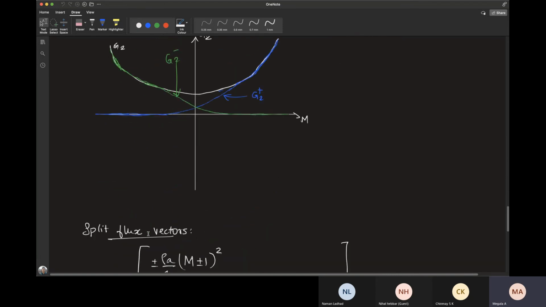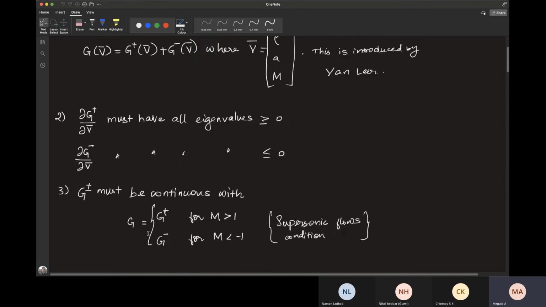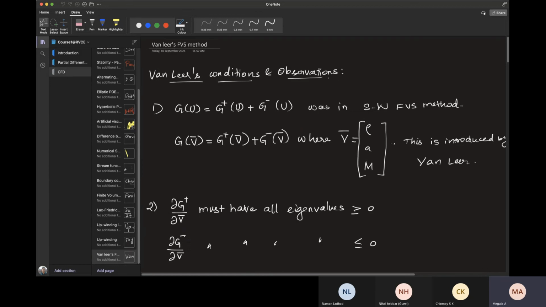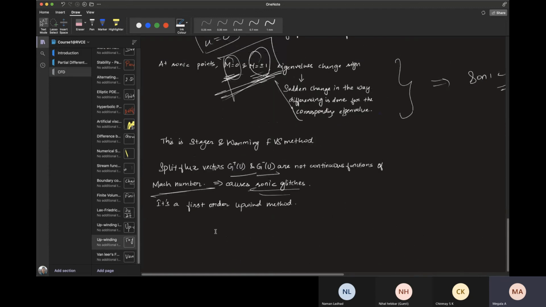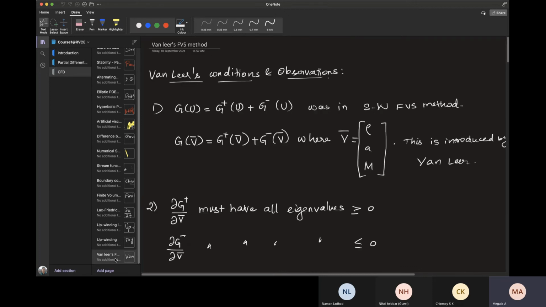He makes sure that things are continuous. Initially I told that the problem occurs because G plus and G minus are not continuous functions of Mach number. Van Leer ensures that G plus and G minus are continuous functions of Mach number, thereby he avoids sonic glitches.